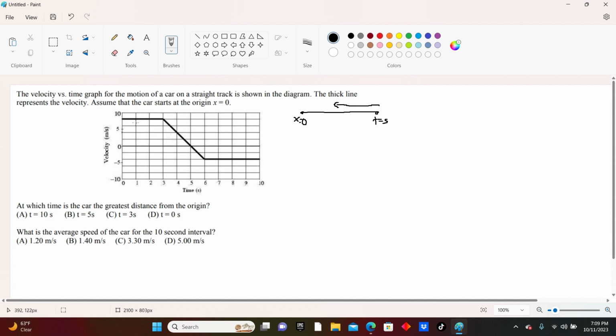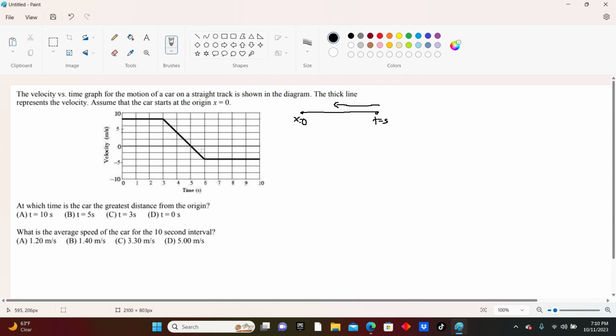If we look at it from a graph's perspective, we can use the area under the curve. From t equals 0 to t equals 5, we have a positive area. From t equals 5 to t equals 10, we have a negative area. The displacement would be the difference between the two areas, since one is positive and one is negative.